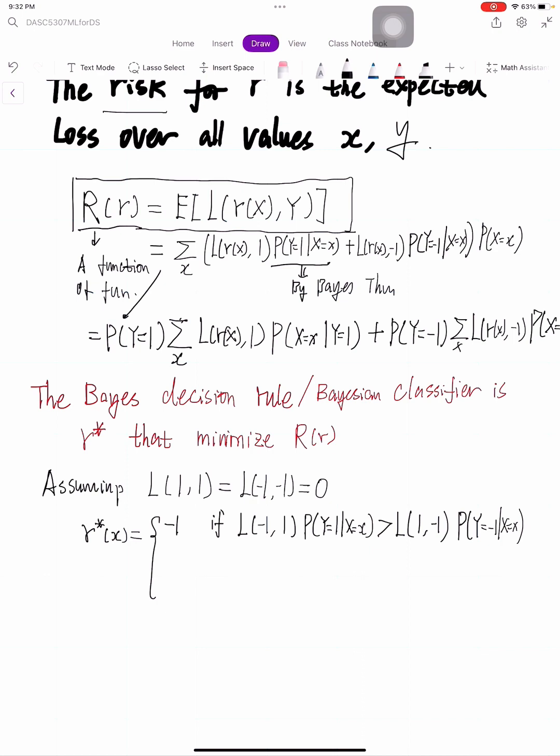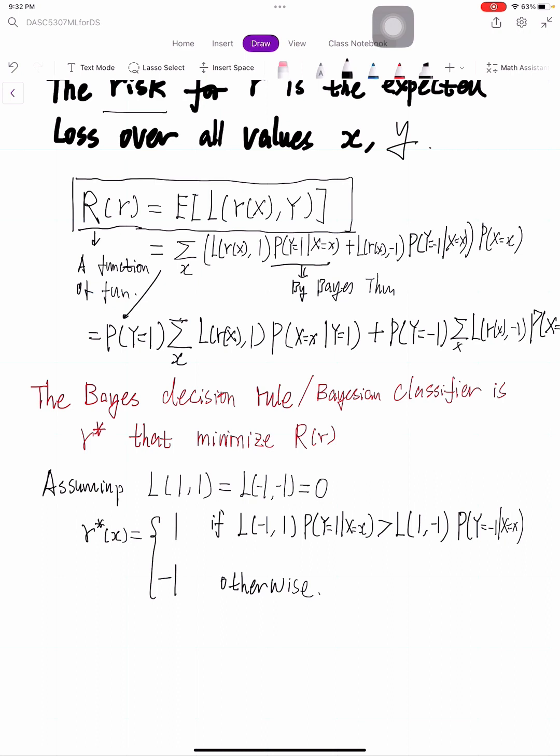If the first is greater, then we classify it as a positive case. Otherwise, we classify it as negative.